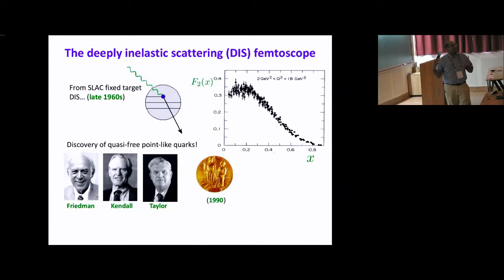This is quite remarkable if you think about it, because people thought that the strong interactions were strong, so the objects inside the hadrons should be very strongly interacting. It came as a complete shock when people discovered that this data is explained by essentially non-interacting quarks inside the proton. Of course, we now know that that's because of asymptotic freedom, but at that time it was really quite a big surprise.